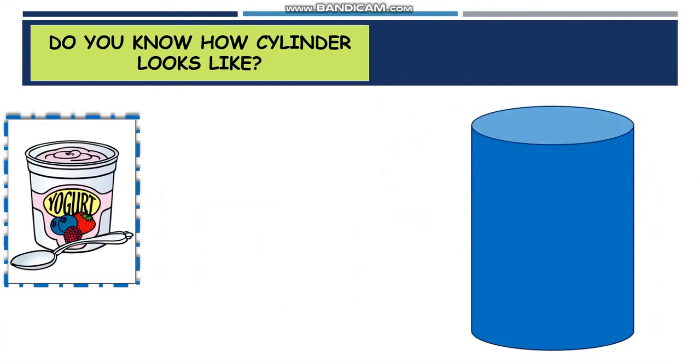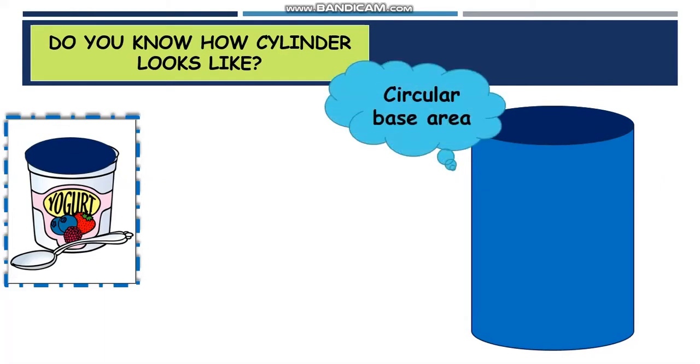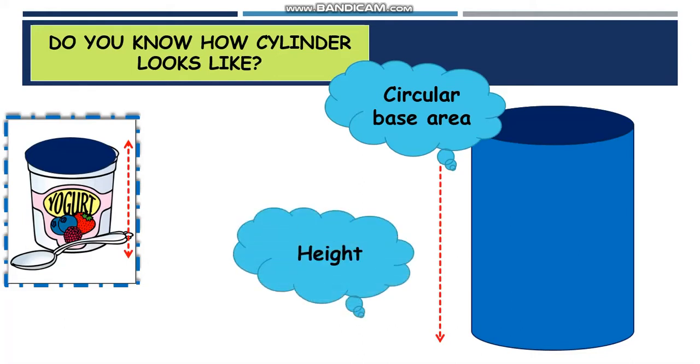Let's look at why all these examples are cylinders. Yes, these examples have a right circular base, like cylinders. And also, yes, they also have a height.